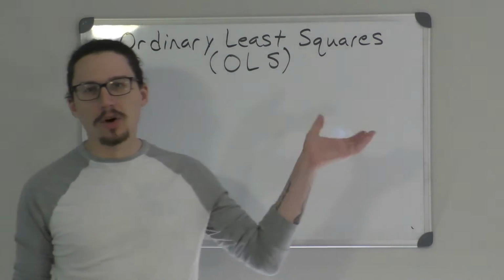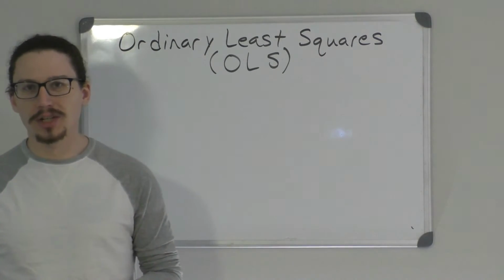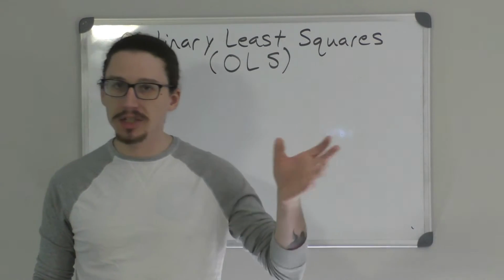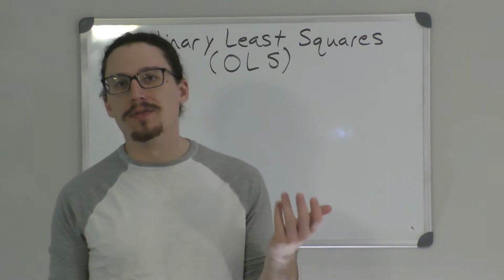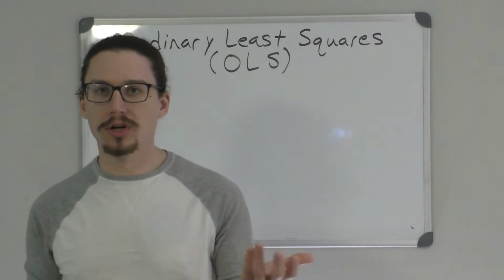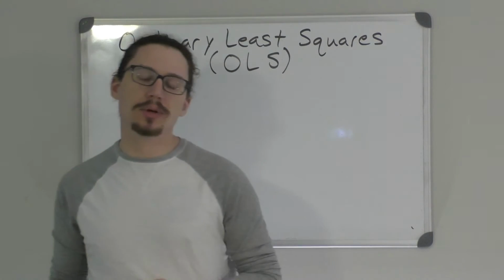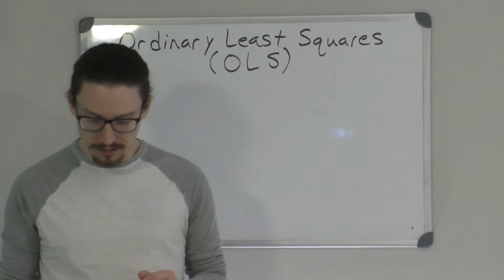You can think of OLS as the basic starter version of regression. There are many additions and changes and adaptations to meet different problems that you might come across when you're trying to model some relationship. But we're going to keep it relatively simple. We're just going to stick with ordinary least squares for now.